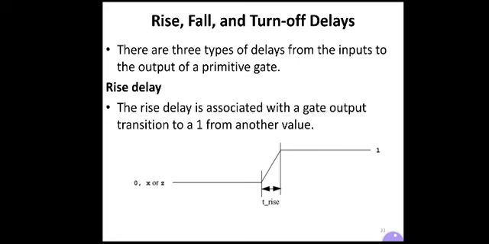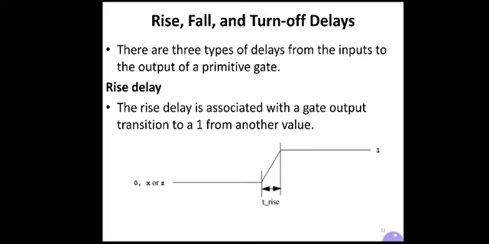So the rise delay is associated with the gate output. Whenever the gate output transitions to logic 1 from another value, what is that other value? There are only 3 possible values. When the output changes from 0 to 1, this is rise delay.